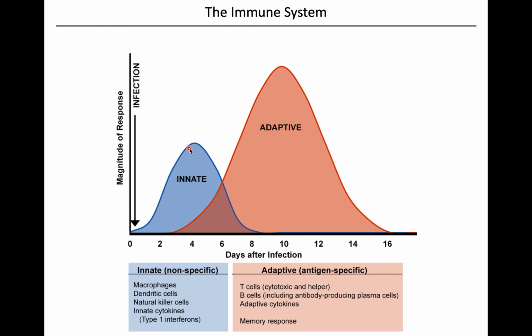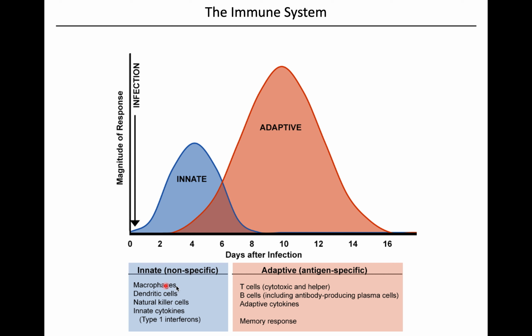But the magnitude of the response is relatively low compared to the adaptive system, which begins to be activated maybe around day 3 of the infection, but isn't really peaking until day 10 or 11. But it's a much stronger, higher magnitude response.